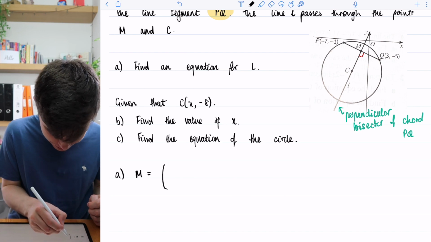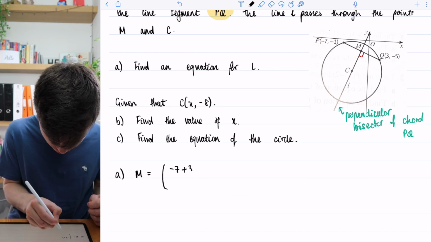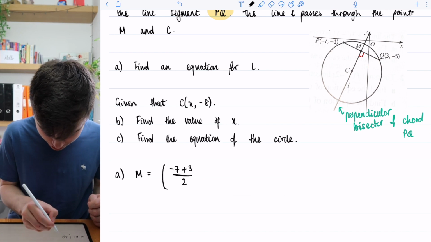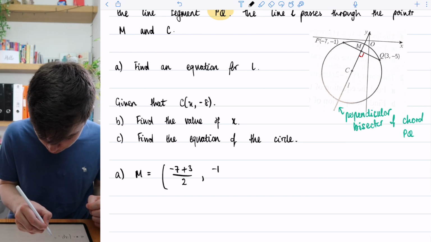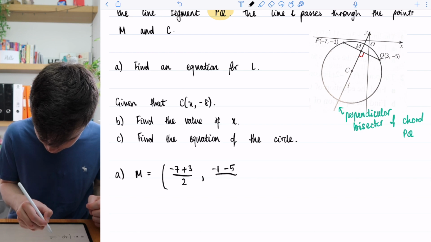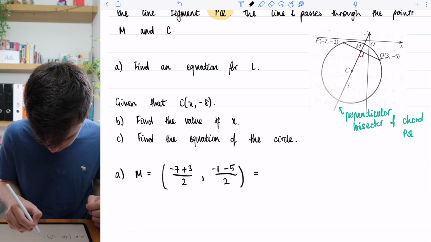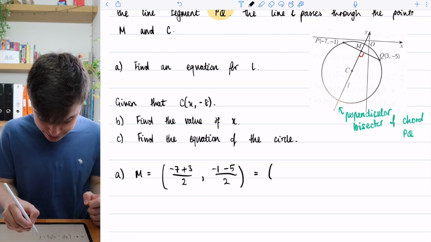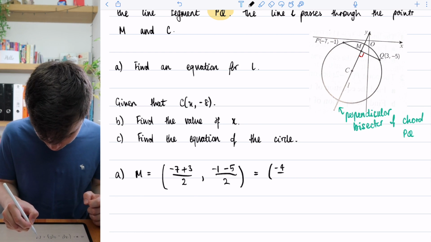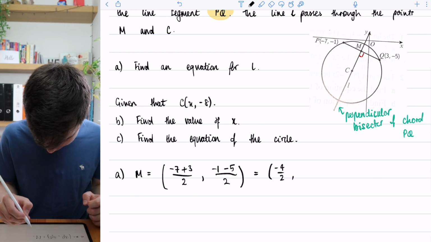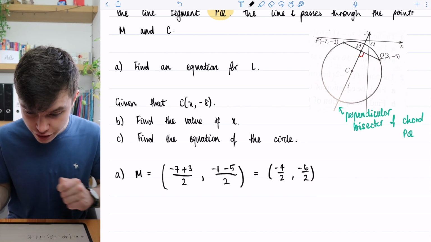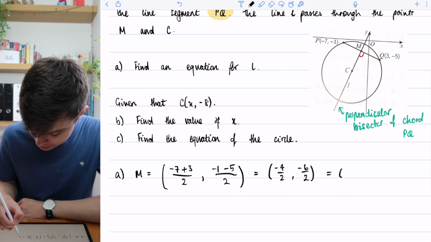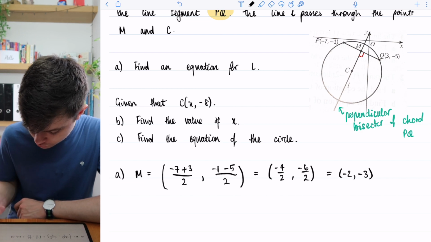We will have -7 plus 3 over 2, and that will give me our x, and then for our y we will have -1 plus -5, so that's a minus, over 2. When you work out what that is, that will be -4 over 2 and -6 over 2, and that gives me -2, -3.